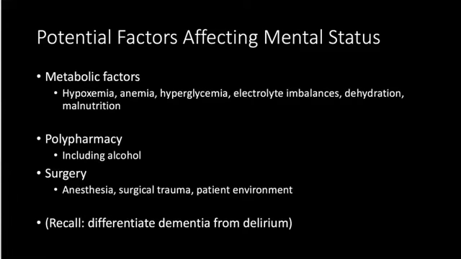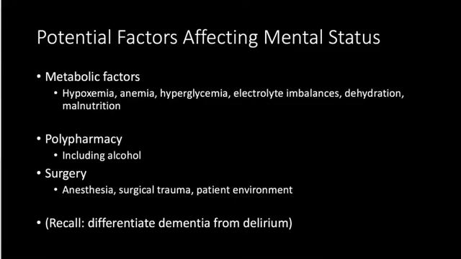Okay, so you want to also look potentially at factors that might affect the mental status. And we went in depth into this in a prior lecture, looking at dementia versus delirium.